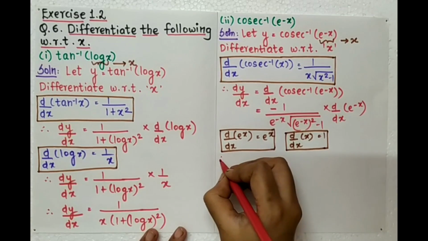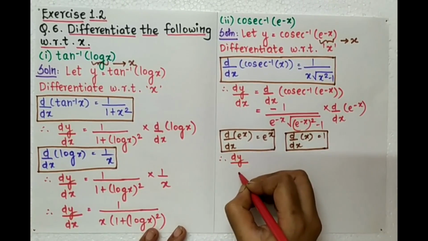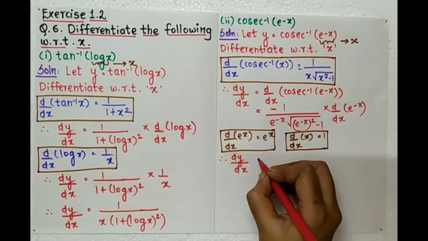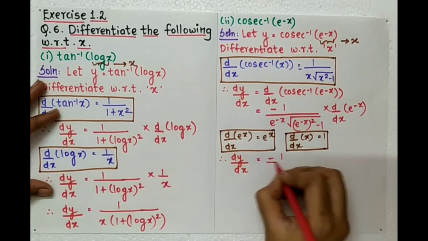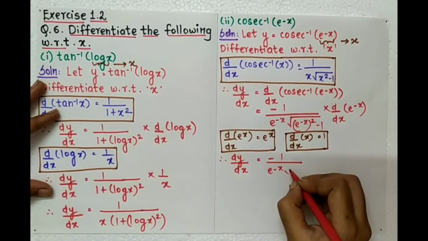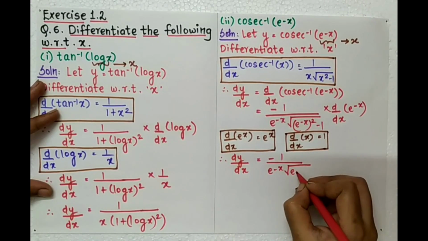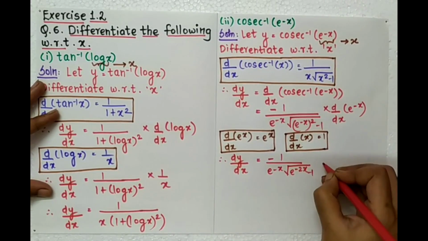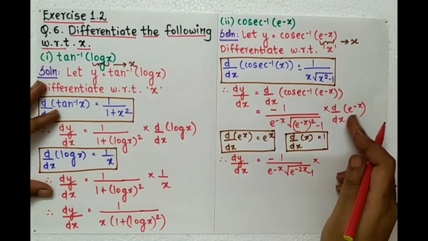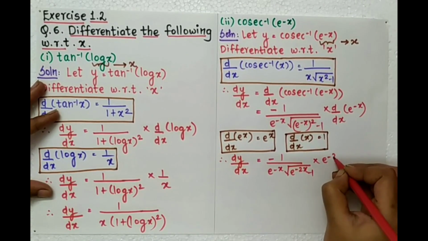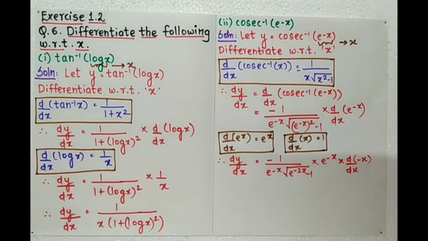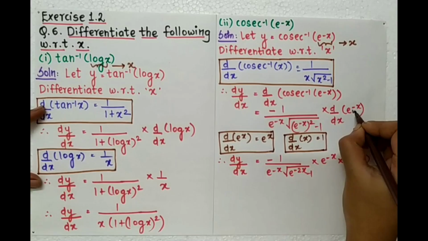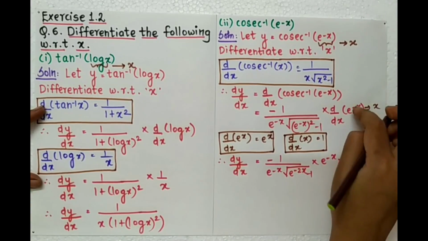Therefore, dy by dx becomes minus 1 upon e power minus x root of, this can be written as e power minus 2x minus 1 into derivative of e power minus x is e power minus x into d by dx of minus x, because in place of x we have minus x over here.